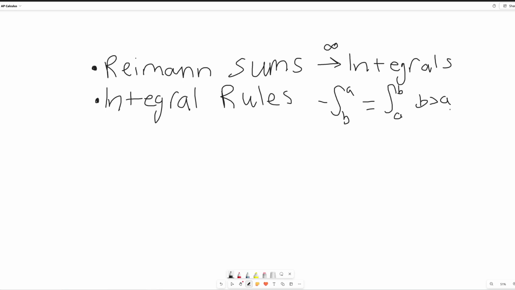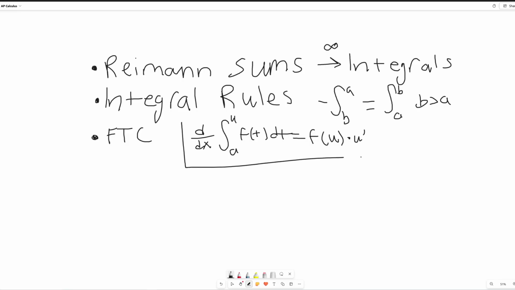You need to know that you have to flip those and add a negative sign. You should know your fundamental theorem of calculus, especially that d over dx of an integral from a to u equals f of u times u prime. This relationship is very often on the test and very often forgotten by people on the test.